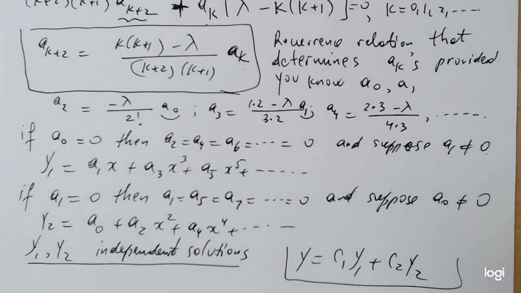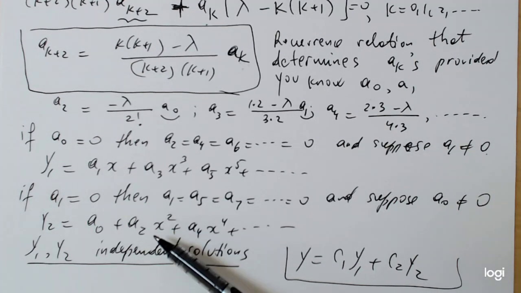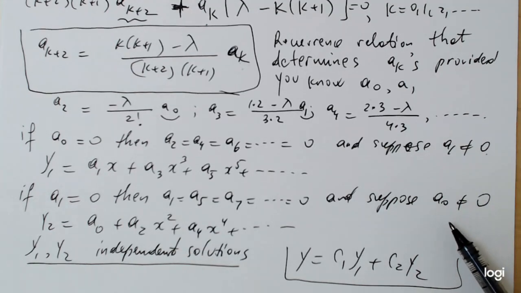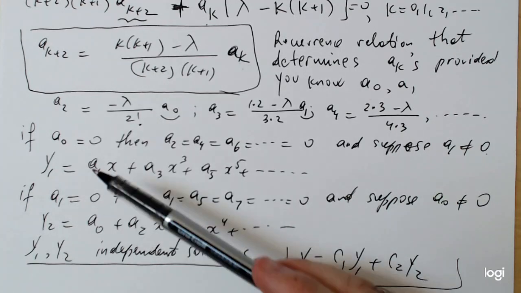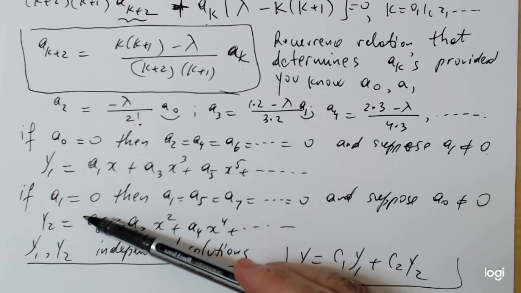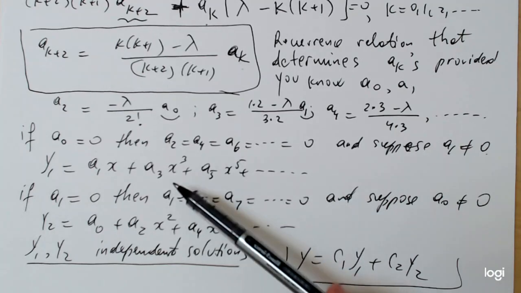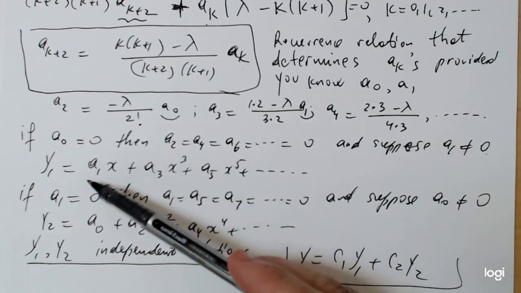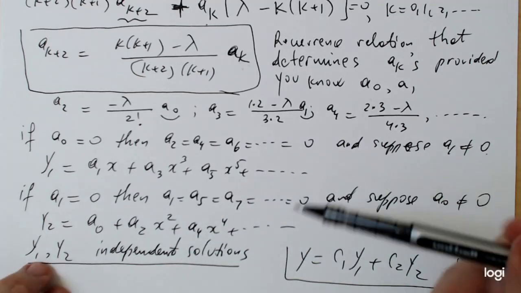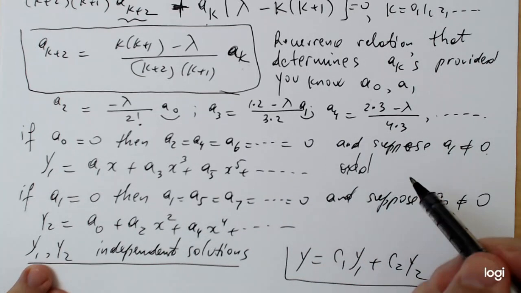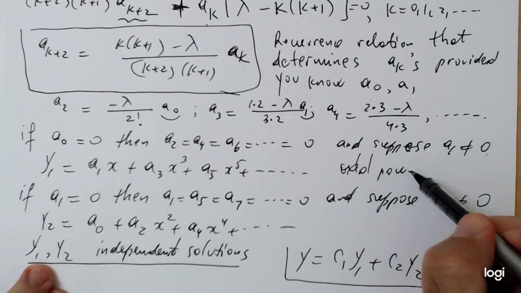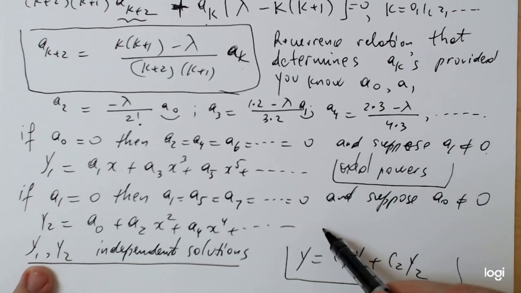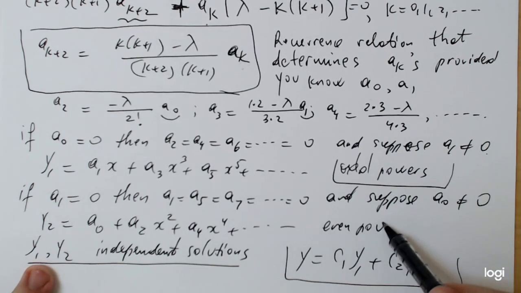Alternatively, you can assume A1 equals 0 and A0 not equal to 0, and you have another solution. By assuming only one of the first two is 0 and the other not 0, you ensure you produce two independent solutions, because these two never overlap, right? One will contain only the odd powers.